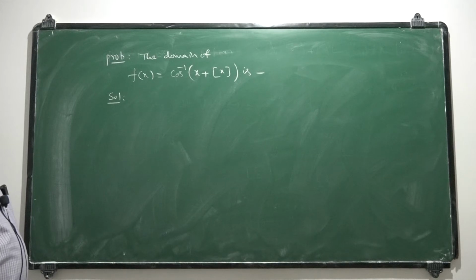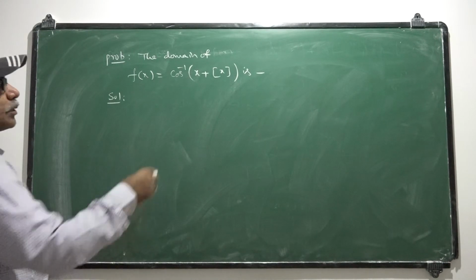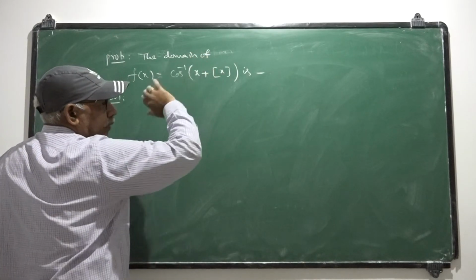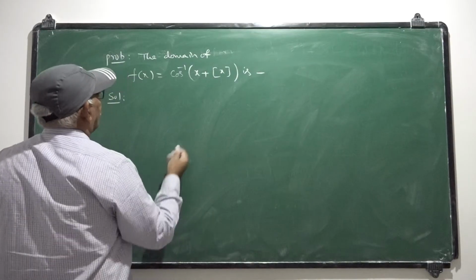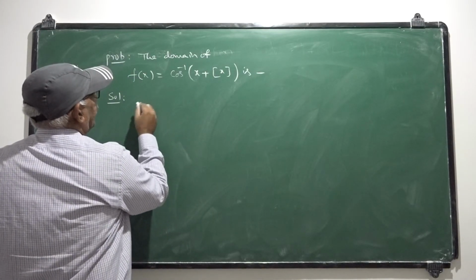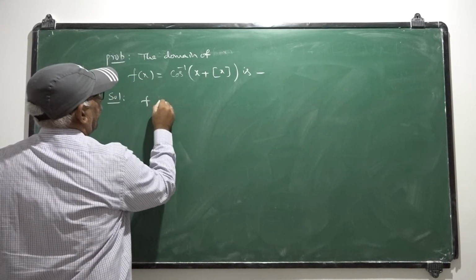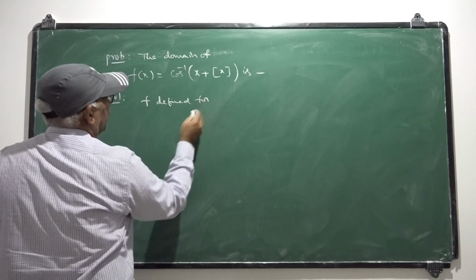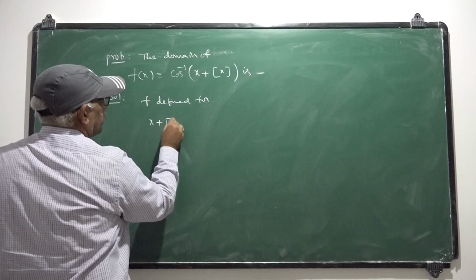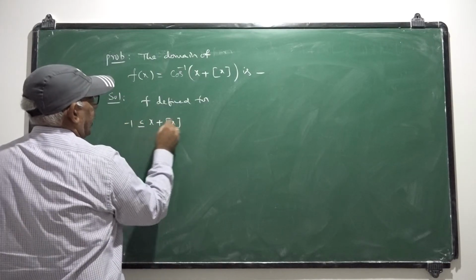Cos inverse function is defined whenever this value lies between minus 1 and 1. So that f is defined for x plus step x lies between minus 1 and 1.